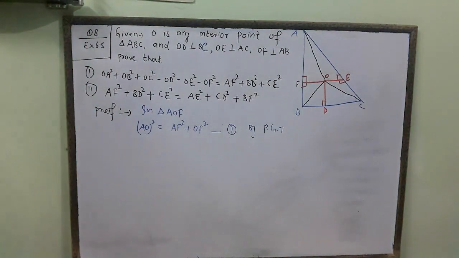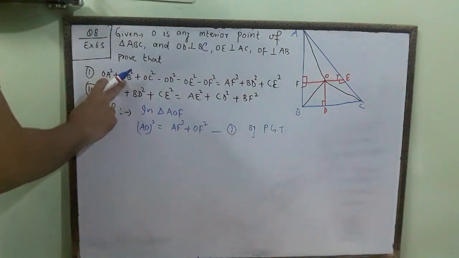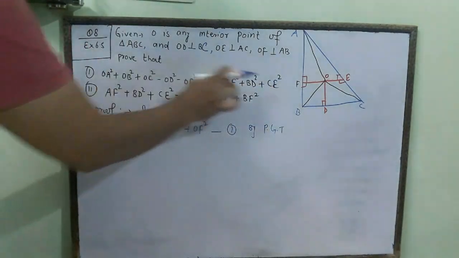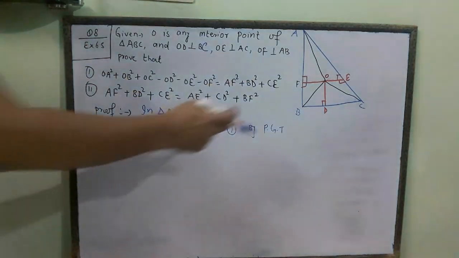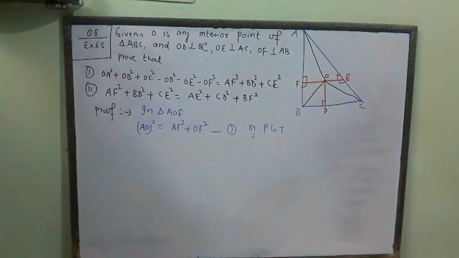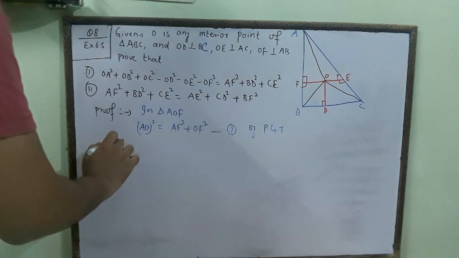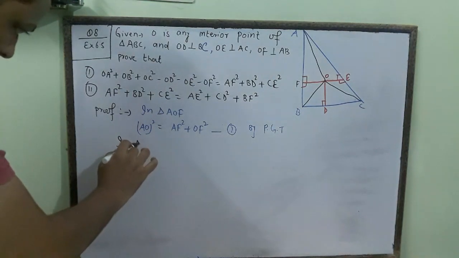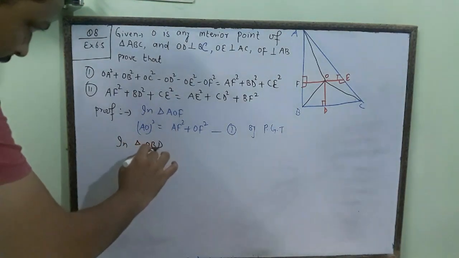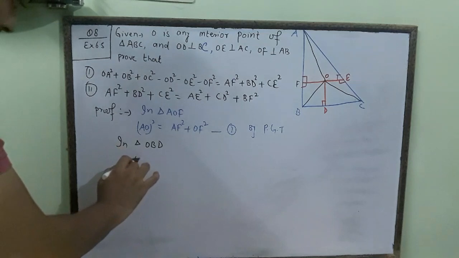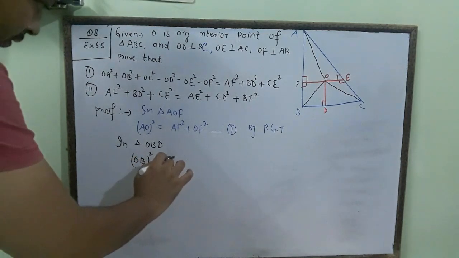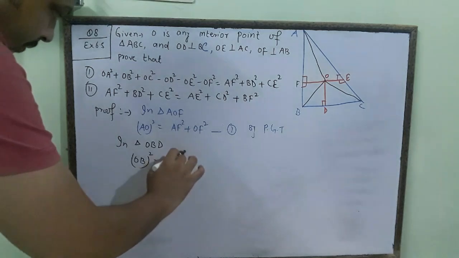Now for OB square, pick the second one: OB square and BD square. So for OB and BD, the triangle will be OBD. In triangle OBD, OB square is equal to OD square plus BD square.